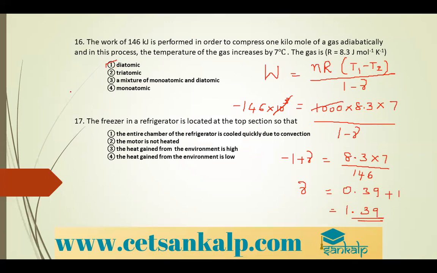So the right option is 1. I think that is clear. I'll tell the reason once again. Because the temperature on the lower side of the refrigerator is more than the upper side, the hot gases rise up due to convection, and things placed there get cooled quickly. Okay.